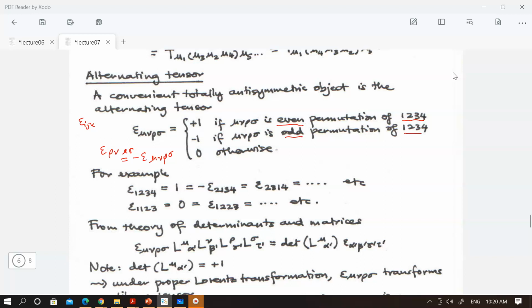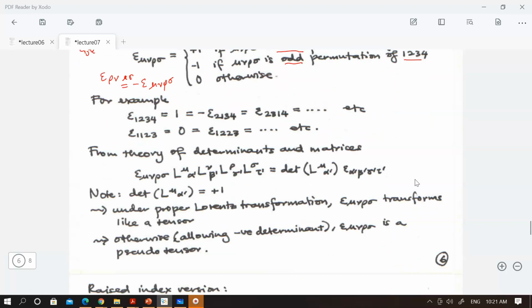One of the things one has about your epsilon tensor, your alternating tensor, is the connection with determinants.